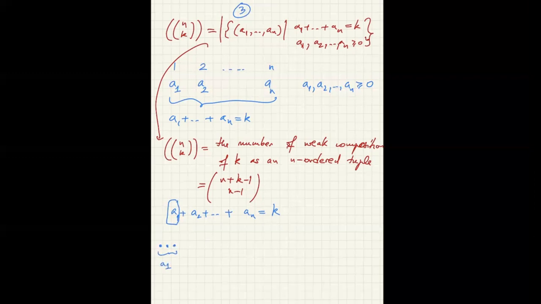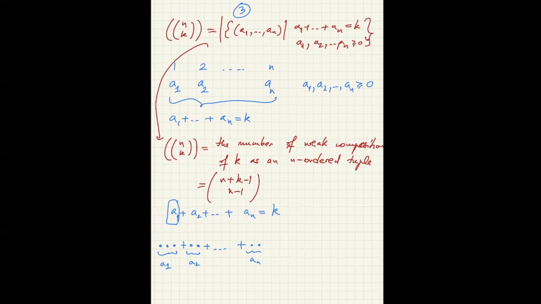And then the plus between them is a different symbol, a plus. And then for a2, you have a2 dots. And then you have a plus between it, and so on. Plus, the last one is an, which you have an dots. Now in my picture, all of these numbers a1, a2, an are greater or equal to 0, but some of them may be 0.